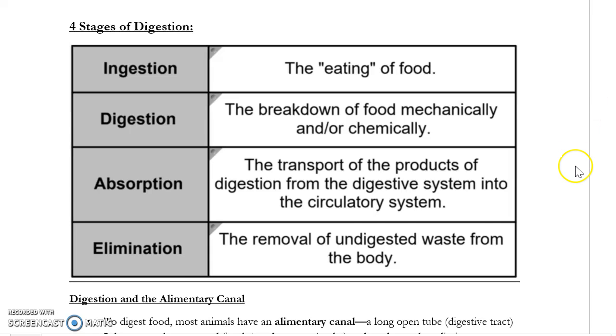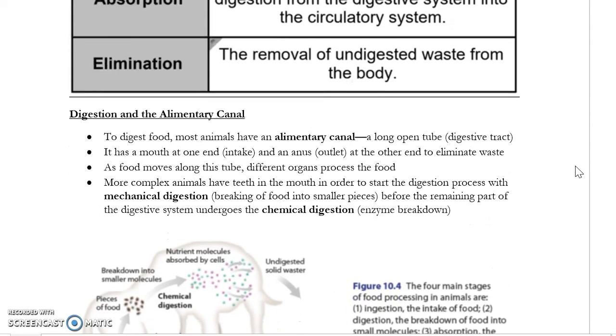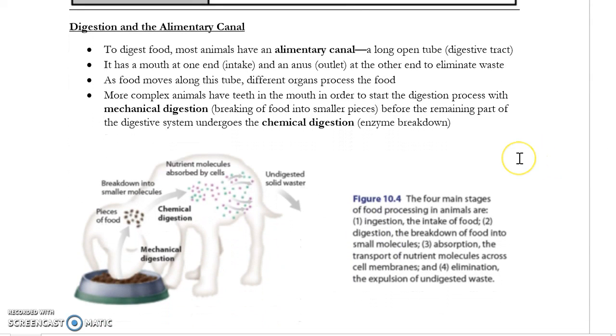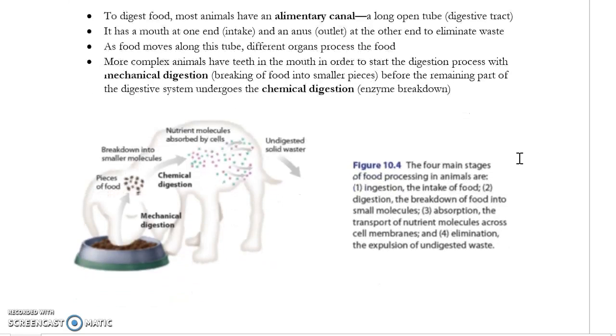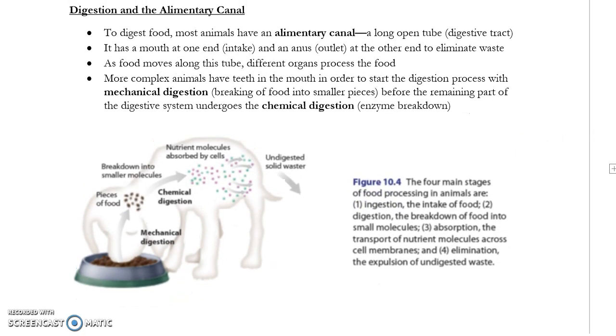So to digest, think of digestion as one tube for everything. Your digestive system is one extremely long tube, and we are going to look at this in more detail when I see you boys next class.